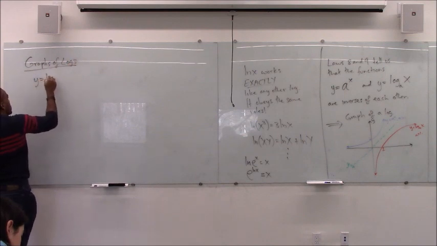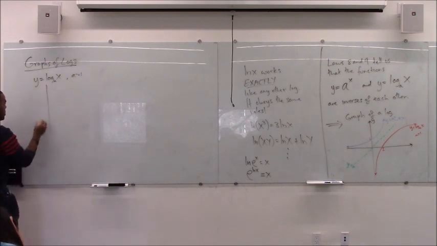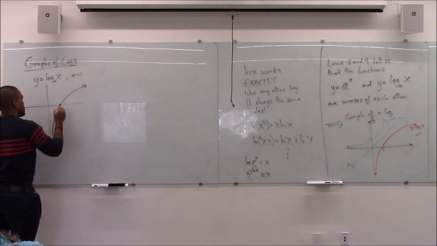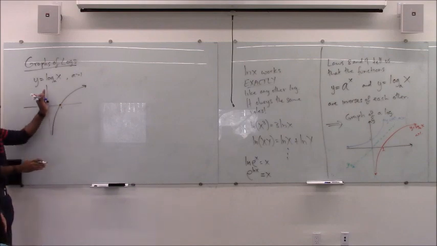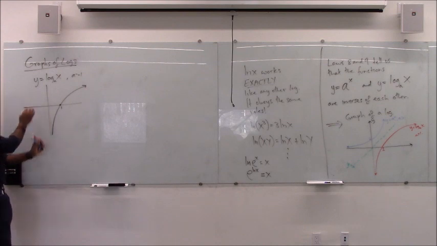So you have y equals log to the base a of x, where a is greater than 1. That graph looks like this. I want you to notice that log of 0 is undefined. It never actually touches; you can't actually plug in 0. Notice that you also cannot plug in any negative number.